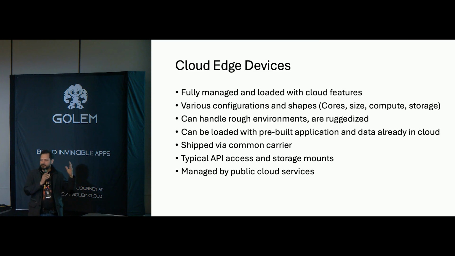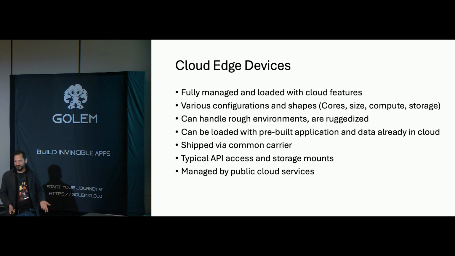So you can pick your data and applications, and they will be delivered with your device. They are shipped via common carrier, so they will literally be FedEx to you. When you order a device from a cloud vendor, they would give you a FedEx label, and you can track with that where your device is. When it comes to you, you turn it on and start using it.